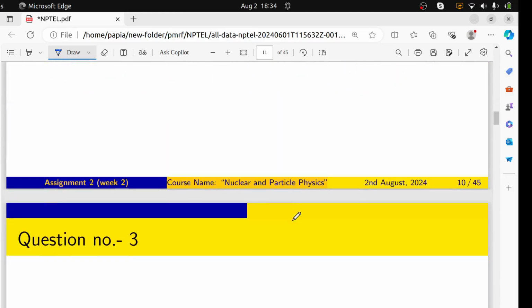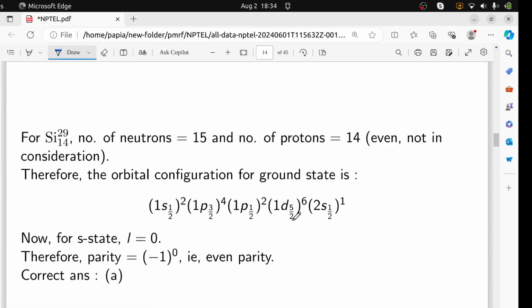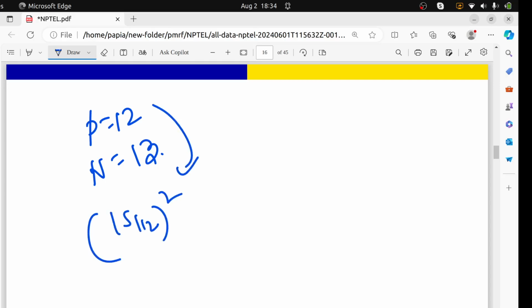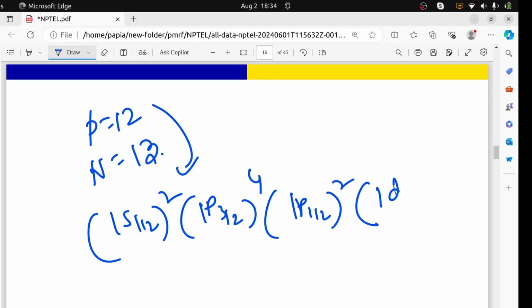So let me just quickly go there in that question number 4. Yes, so here it was like this. For this one, 1s 1/2 is 2, 1p 3/2 is 4, 1p 1/2 is 2, then 1d 5/2. Now see, 1d 5/2, then 4. 2 plus 4 is 6, plus 2 is 8, plus 4 is 12.